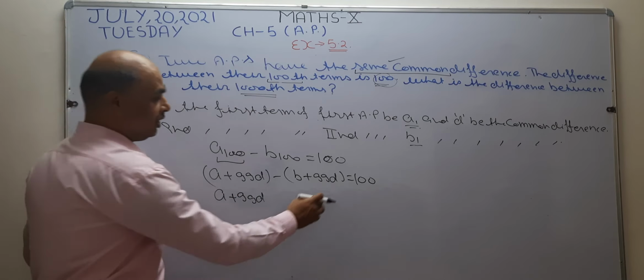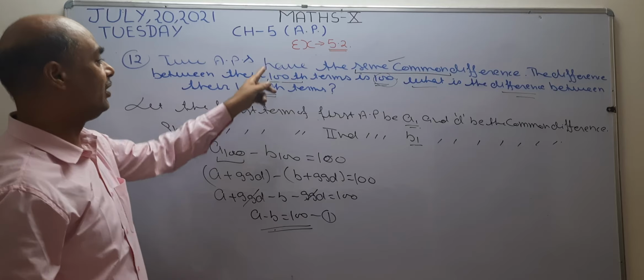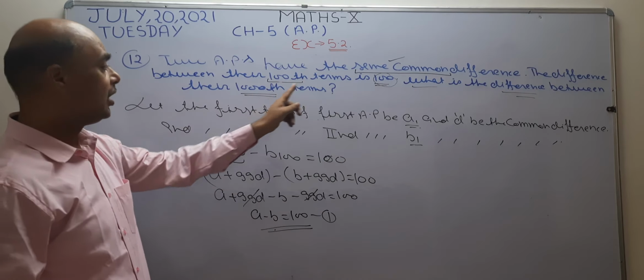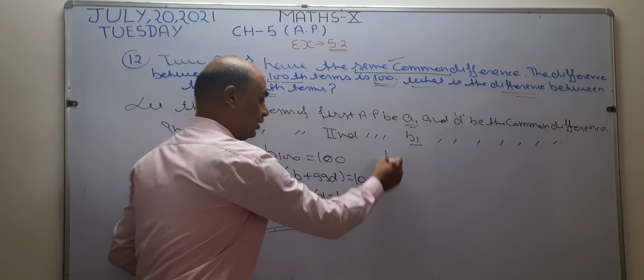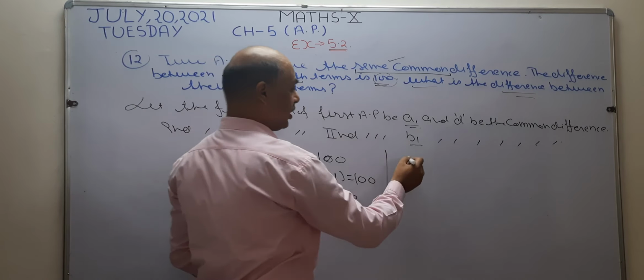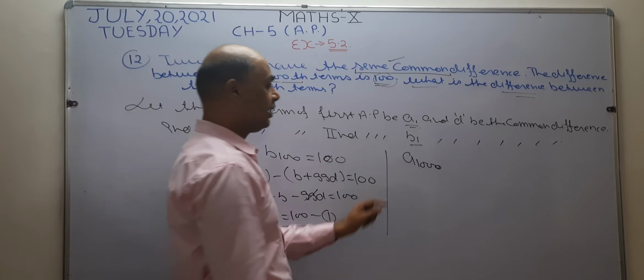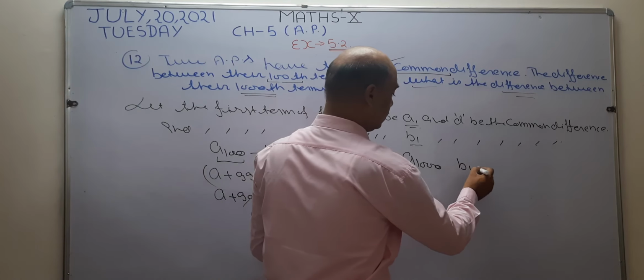Now in this question, we have to find the difference between their 1000th terms. The 1000th term of the first AP is A1000, and the 1000th term of the second AP is B1000.